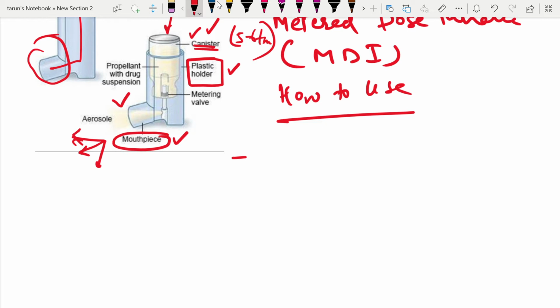Then what will you do? After you have shaken it, removed the cap, and breathed out, you place the mouthpiece, the aerosol nozzle, between the lips. Start to breathe in and press the canister.